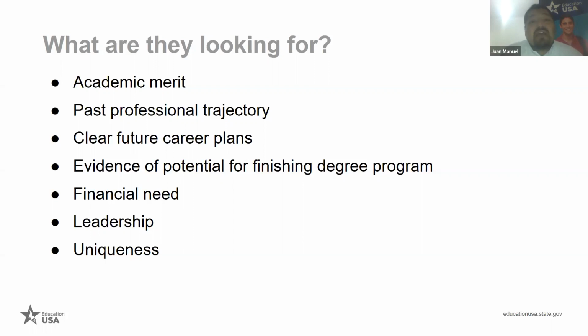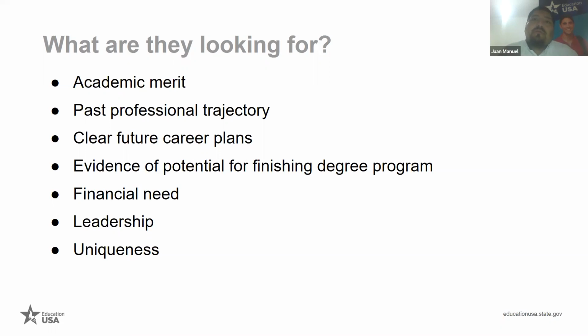Many times, a high GPA is going to be that. But also, what other things are you doing in your academic life? Do you have publications, right? Are you participating in research? Especially if you're looking into PhD programs.